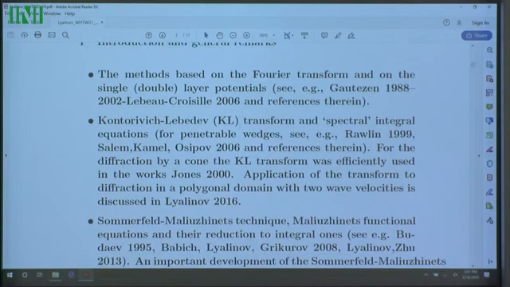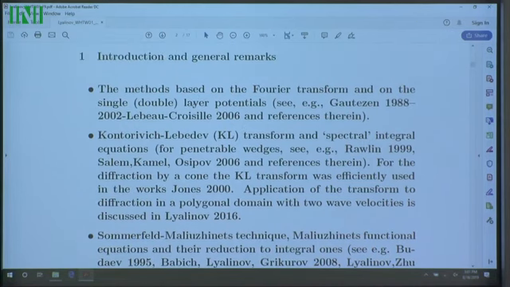First of all, I should mention the methods which are based on the Fourier transform, and we could mention such researchers like Gautezan, and also the result by Lebeau and Croisil, and you can find many other people that were involved in these techniques.